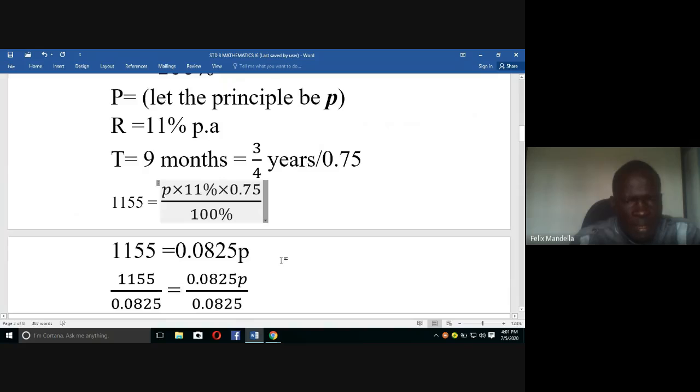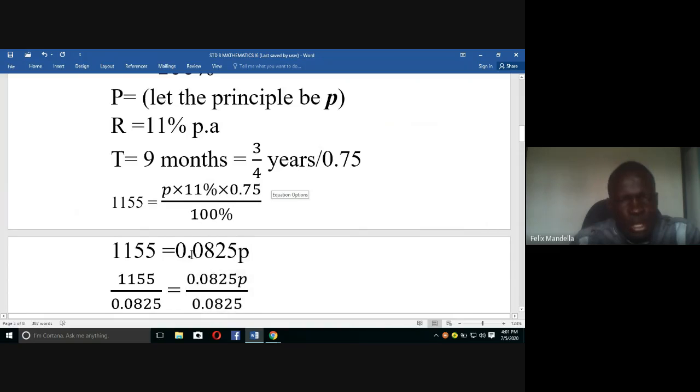So we are going to say 1,155 is equal to, if you multiply 11 by 0.75 by P, you will get 0.0825P. That is P times 11 times 0.75 over 100.